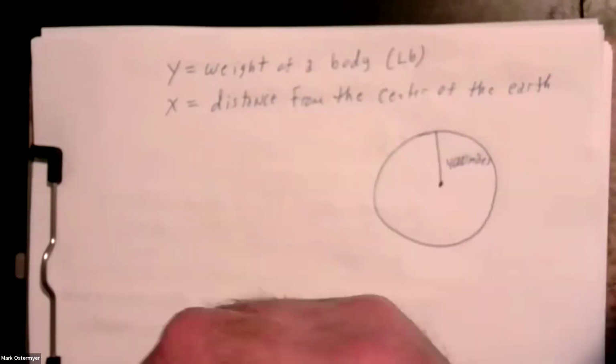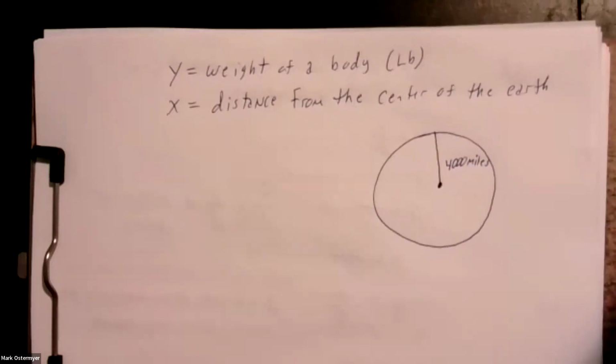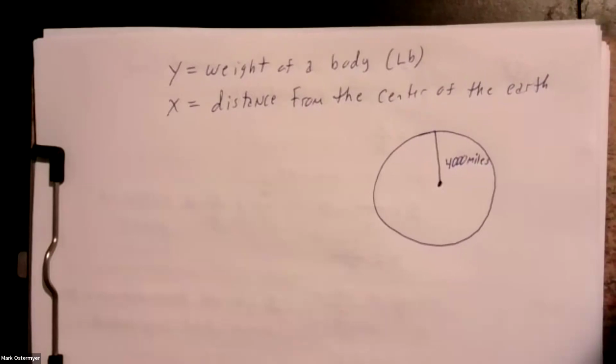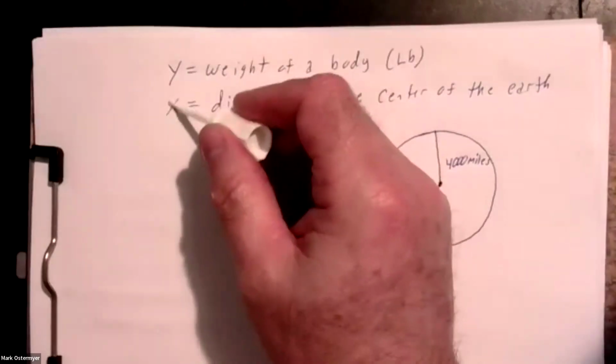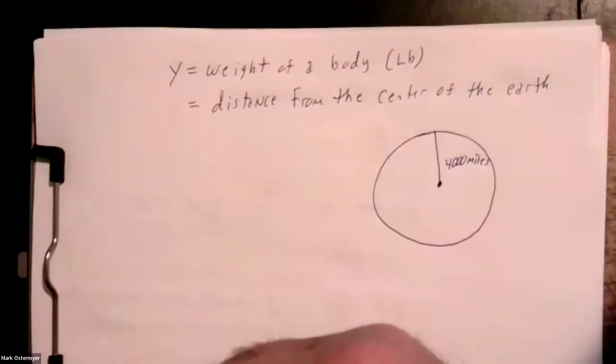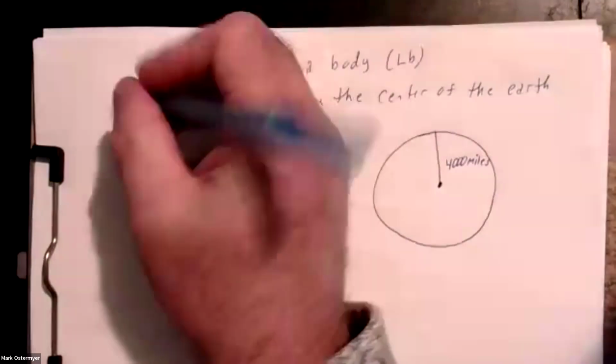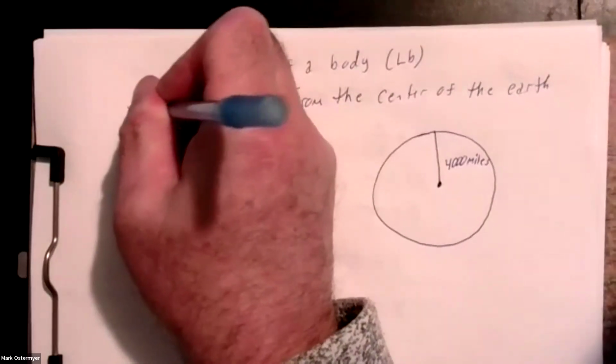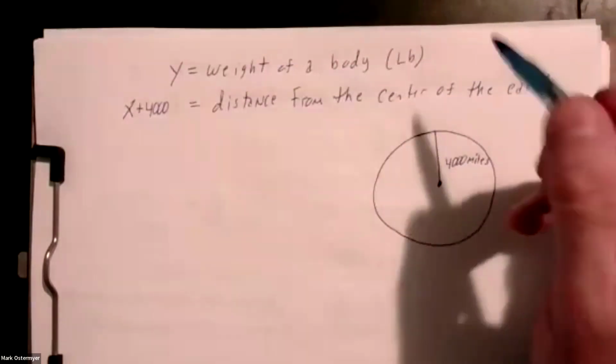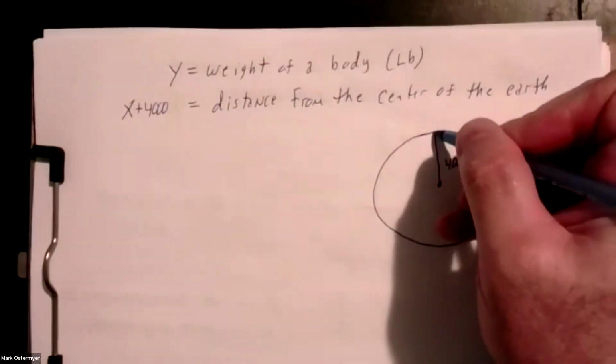So how are we going to do this problem here? Well, what I should say here, instead of X, is X plus 4,000 miles. X will be the distance above the Earth's surface, okay?